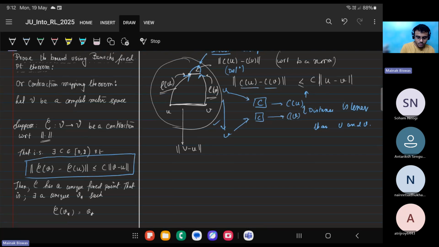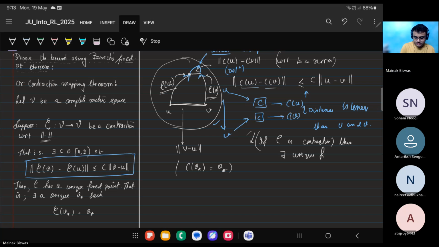We will be using this Banach's fixed point theorem without proving it, but the intuition is very clear: if C is a contraction, then there exists a unique fixed point such that C V pi is equal to V pi, because all we are seeing is that everything is going towards that.